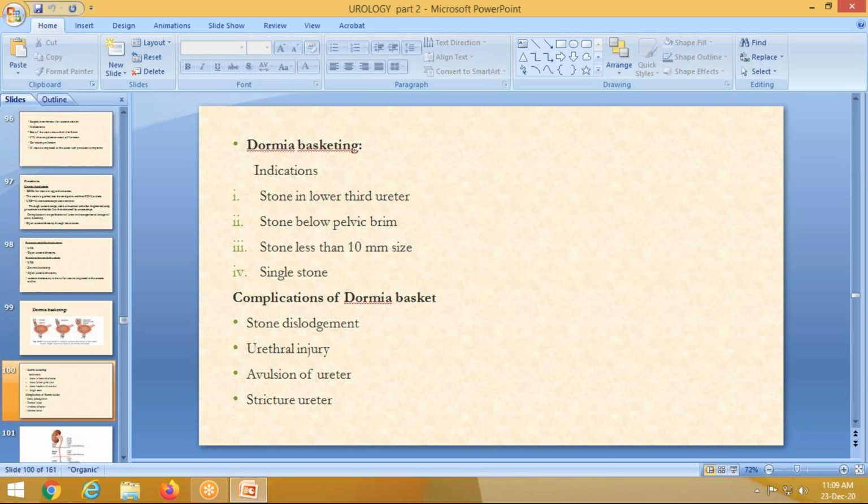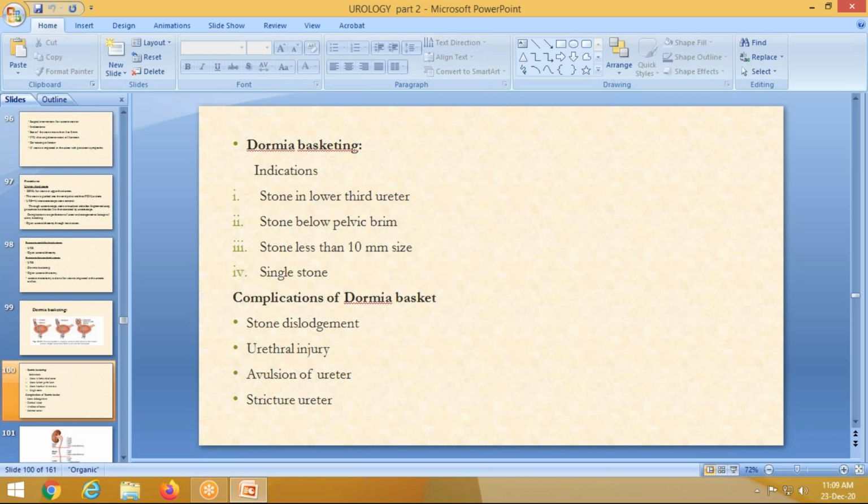If it is more than 1 centimeter in size, you should do the open method. Or if a small single stone is there, you can also use this Dormia basket. So what are the complications?